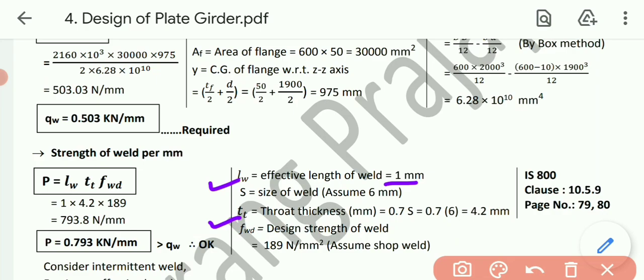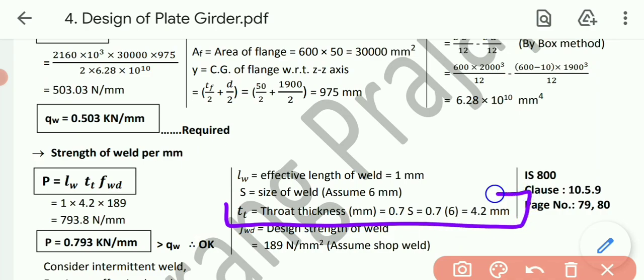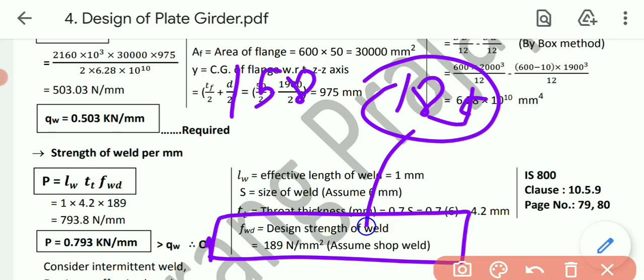Throat thickness 0.7 times S. For that we need to calculate S. S is assumed between 3 to 6 mm, so we will always assume the maximum, that is 6. So throat thickness is 0.7 times 6, which gives 4.2 mm. And FWD, the design strength of weld, has two values, 158 for field welding and 189 for shop welding. So I will use shop welding, that is 189 Newton per mm square.